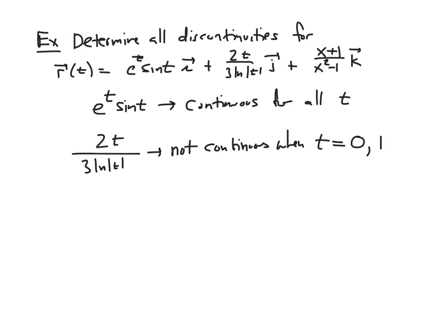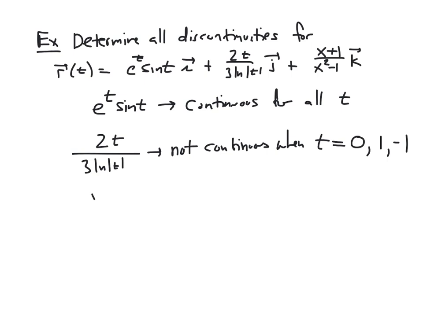And the same thing would happen because of the absolute value when t is negative 1. So we also have to throw out negative 1. So the second component is not continuous when t is 0, 1, or negative 1, which means that our overall vector function is not continuous at these 3 points either.